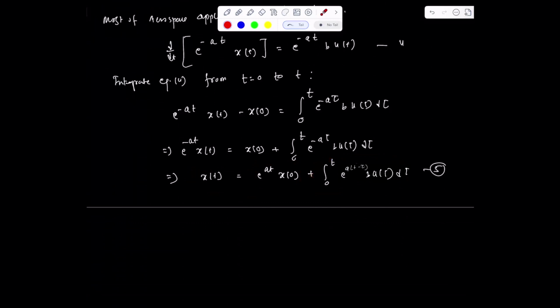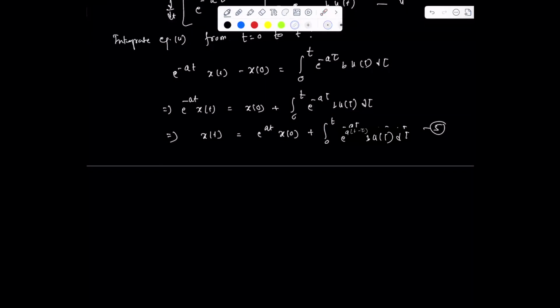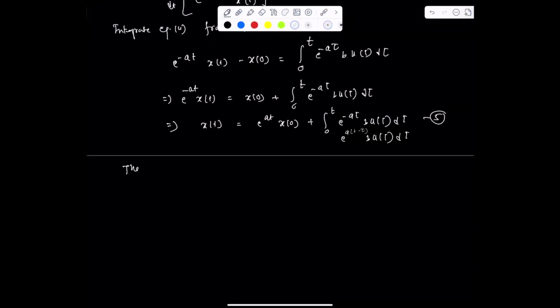So this integral term talks about the system behavior at steady state.